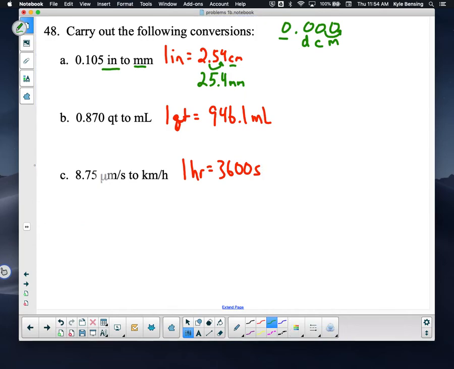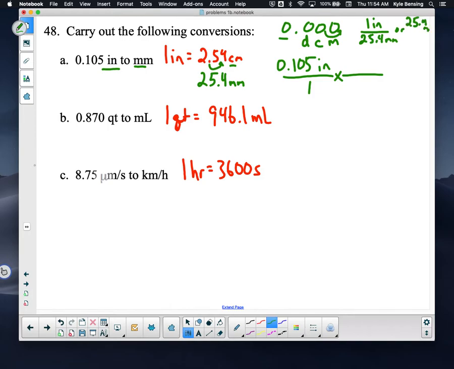So I start off with factor label of writing my problem with units over 1 and then multiply by the 1 inch equals 25.4 millimeters. I've got to change that into a fraction, and it's either going to be 1 inch on top and 25.4 millimeters, or the other way around.